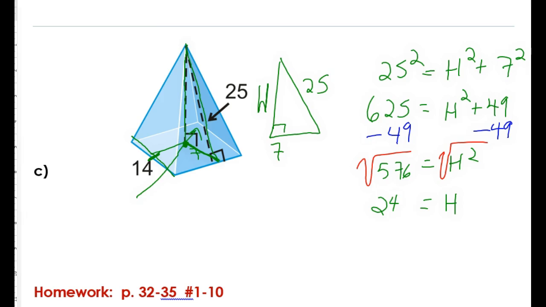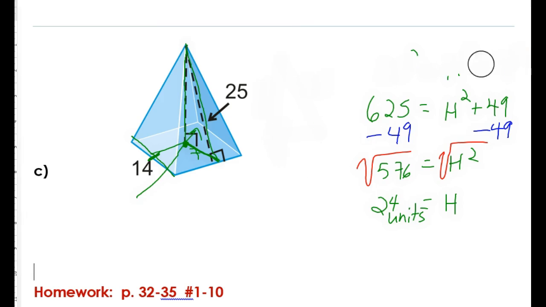Okay, so that's going to be 24 units in height. So now I can go ahead and say that the height of this pyramid is 24 units. But I still haven't finished my work because I need to continue on and figure out what the volume is. I only know the height. So I'm going to get rid of some of this here and we're going to carry on.